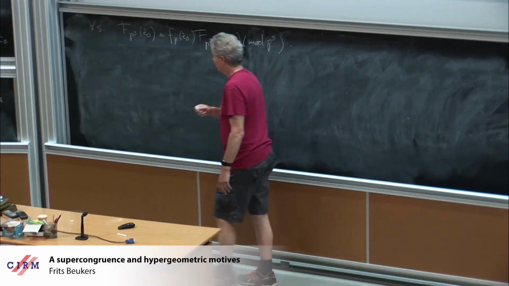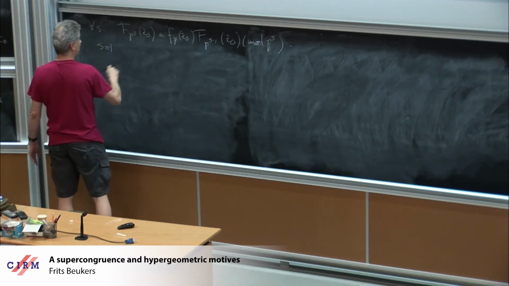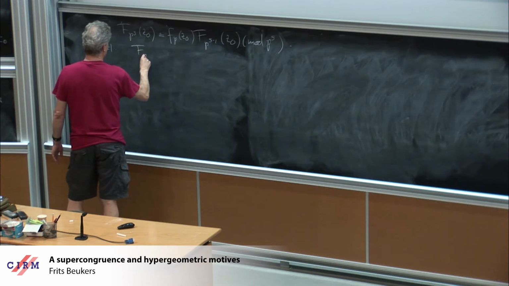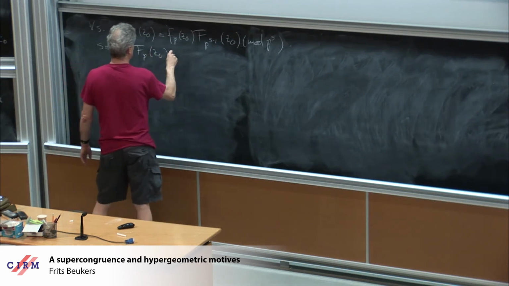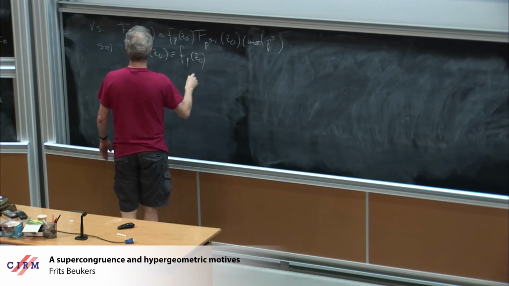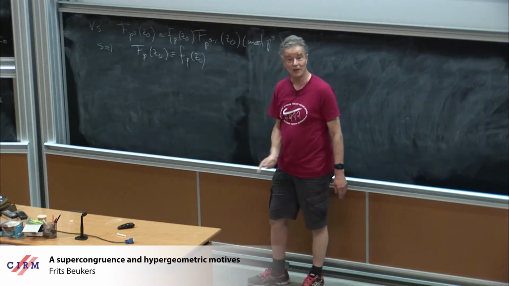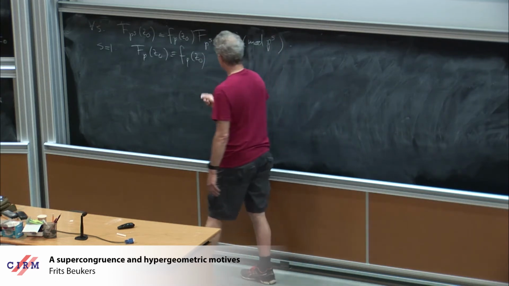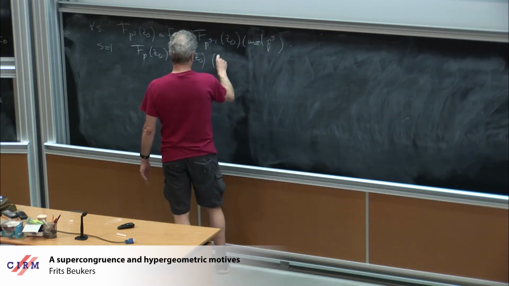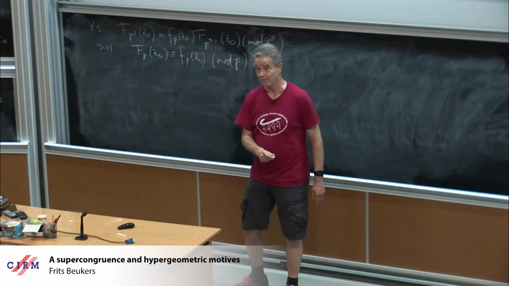And moreover, if we take the particular case that s is equal to 1, we get the congruence fp z is equal to fp z0. And if s is 1, well, basically we have the zeroth truncation, which is basically the constant. So really, this will be trivial, it will just be 1. So we get this congruence in the case s is 1.